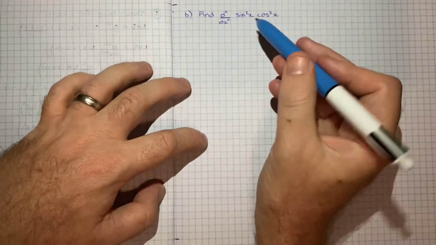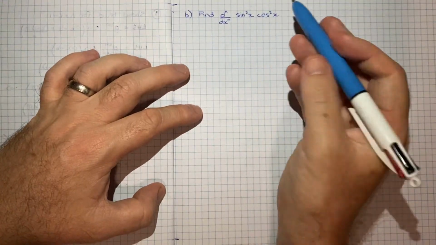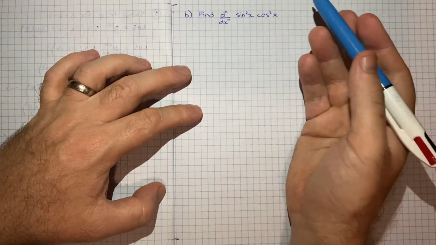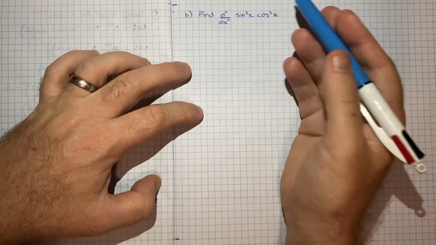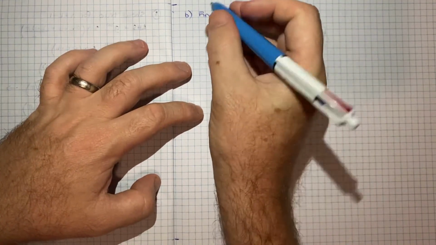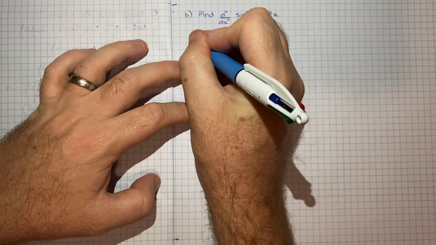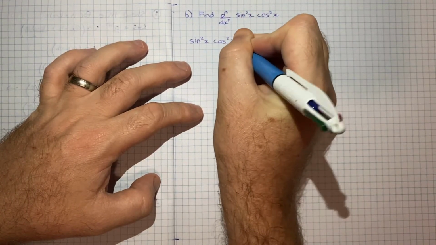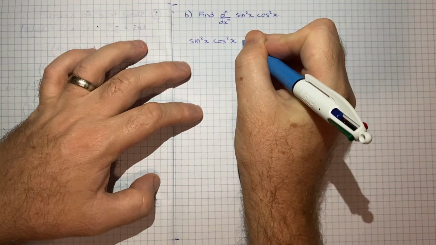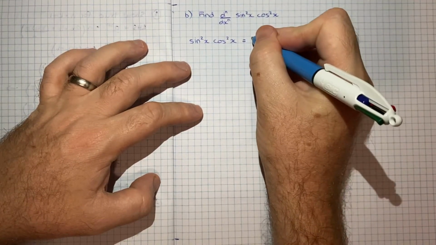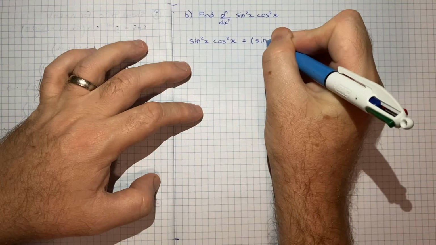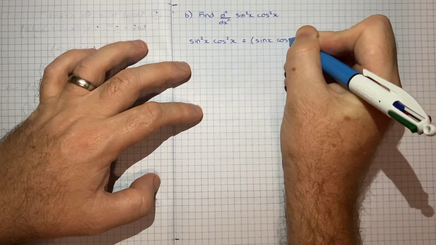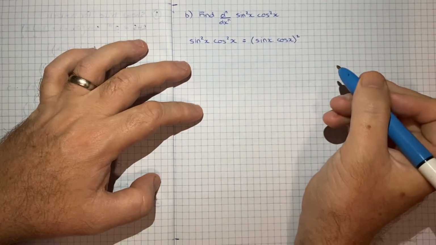So as I mentioned, we need to get this into the format of sin(ax + b). To get started, as a preliminary step, let's say sin²x cos²x. The first thing we can do that might be helpful is to write this as (sin x times cos x) all squared.